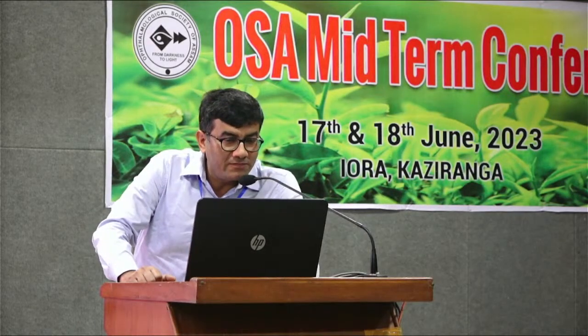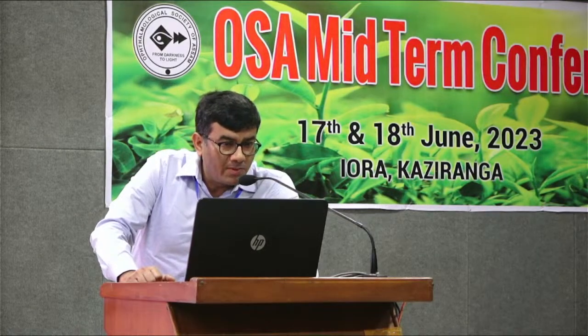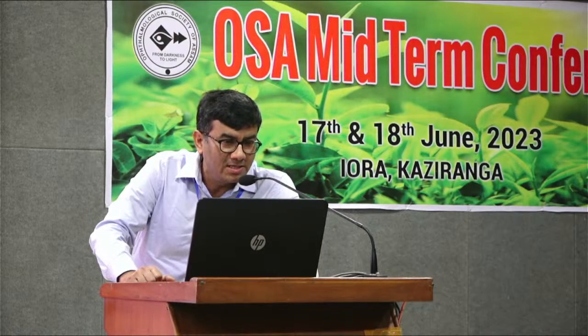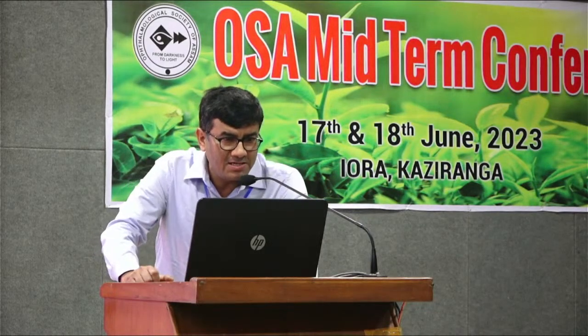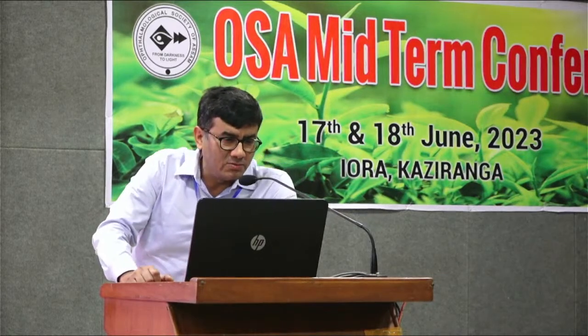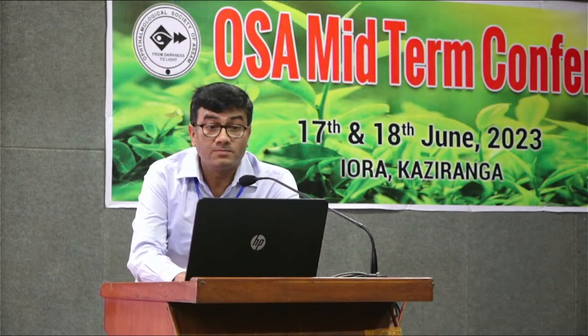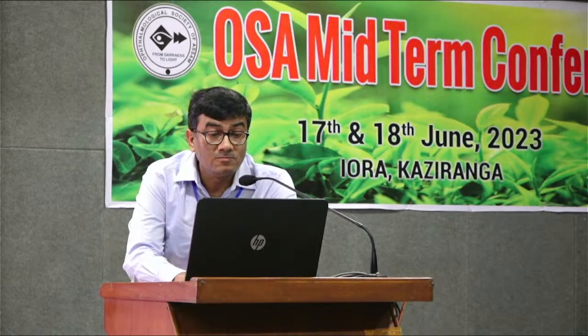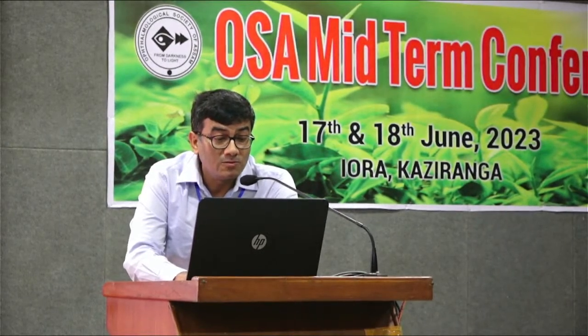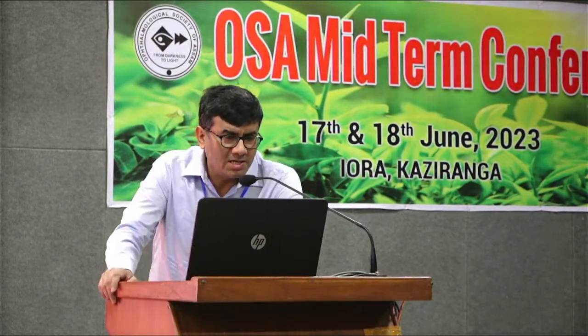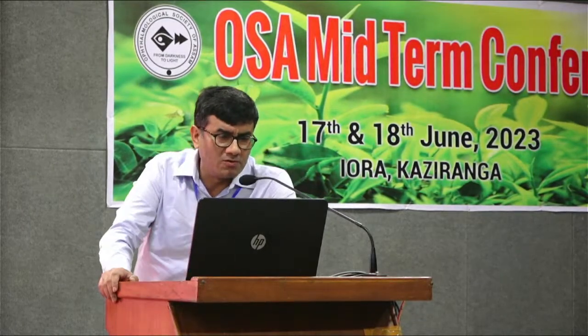Good morning. This is a case of chronic angle closure glaucoma post-keratoplasty. This is a very interesting case. Can I start the video please? This patient had bilateral corneal dystrophy.